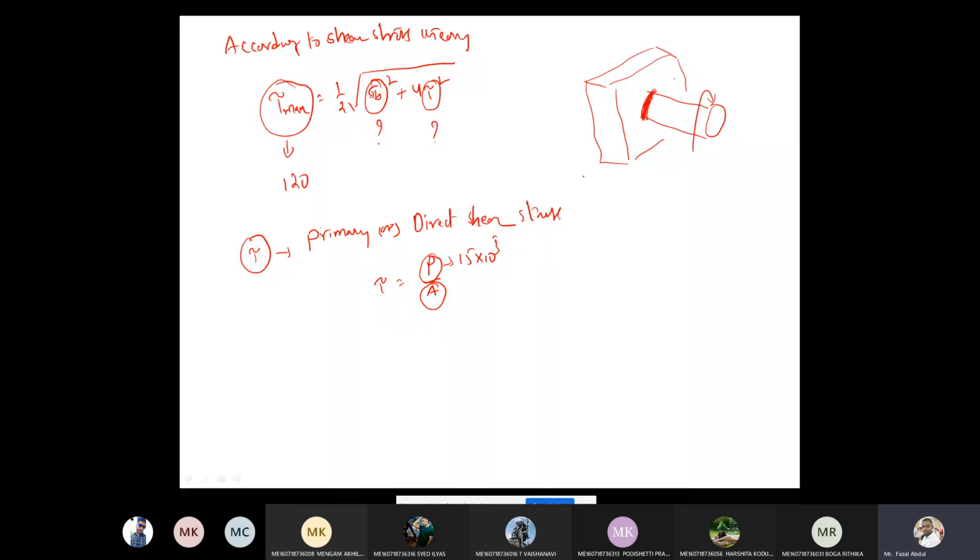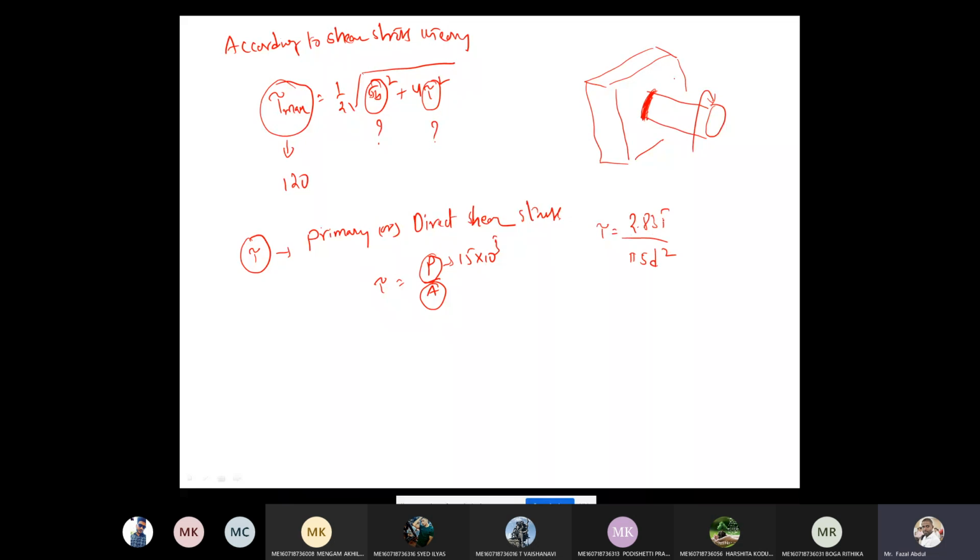Maximum shear stress equals 2.83 into T by pi into S into D square.